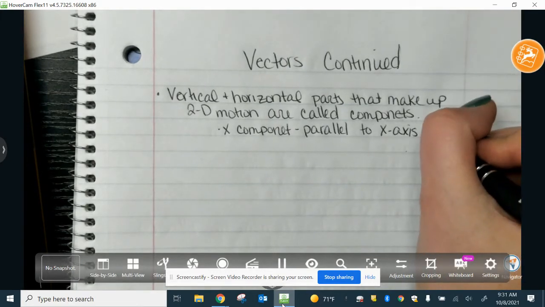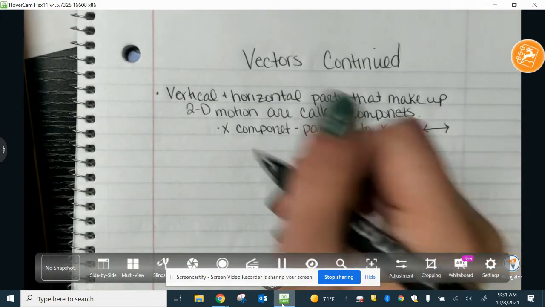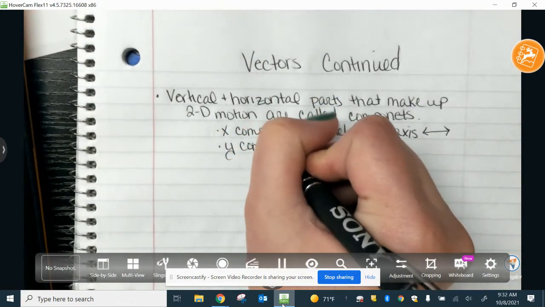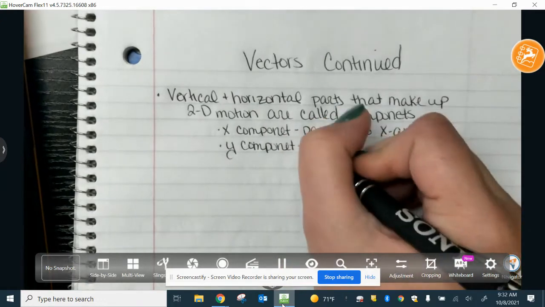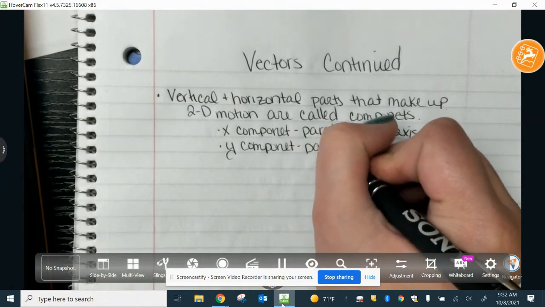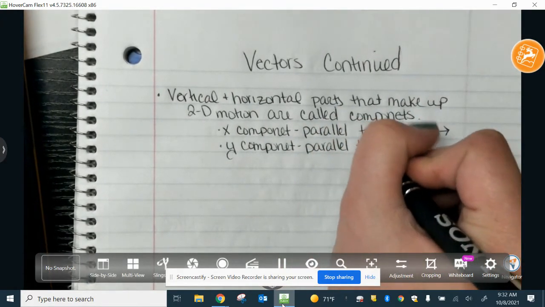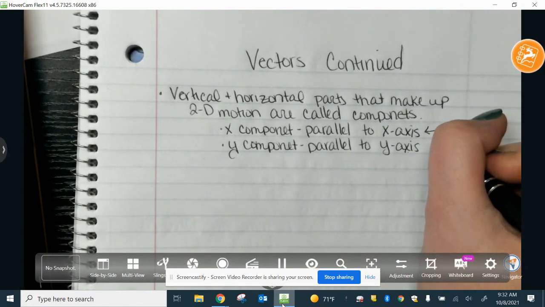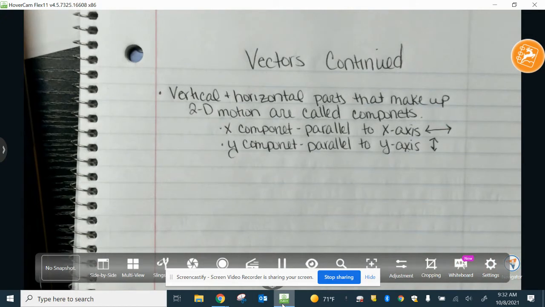Remember, the x-axis is side to side, and the y component is going to be parallel to the y-axis, and remember, y is up and down.